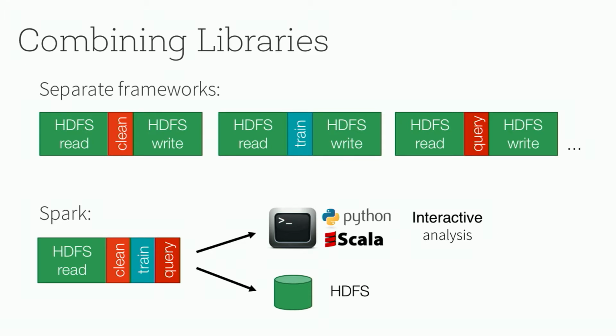If you compare using these libraries in Spark versus just running separate frameworks, you don't have to write the data to a file in between. You can just run a pipeline sequence of functions in memory, and so you get high performance this way, higher than you would certainly get in other ways.